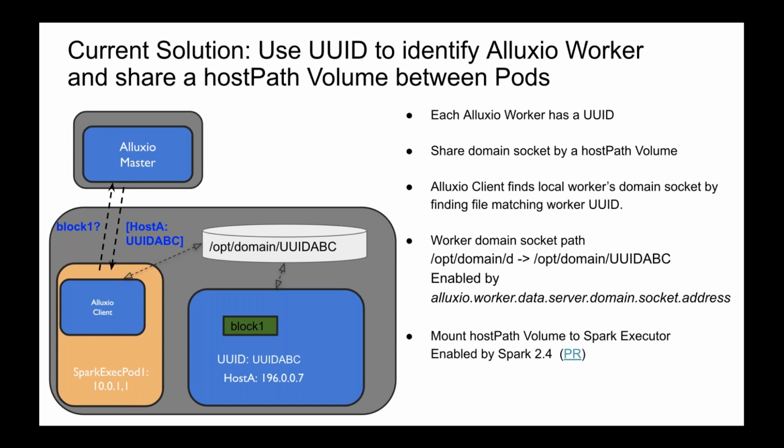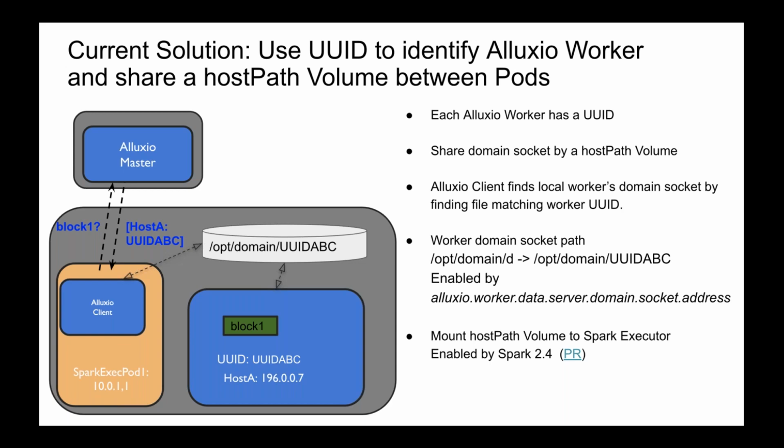And then why don't I just talk to this local Alluxio worker by talking to this domain socket? And in this way, we achieve the communication between the Spark executor and the local Alluxio worker and achieve data locality. In order to achieve this, we made two changes.